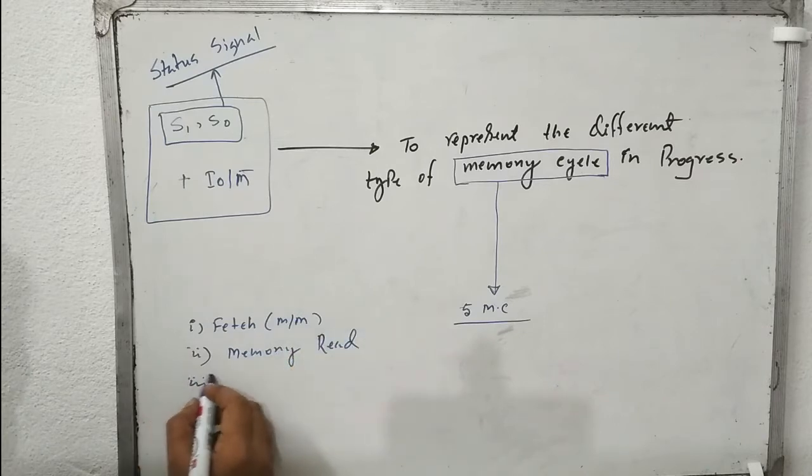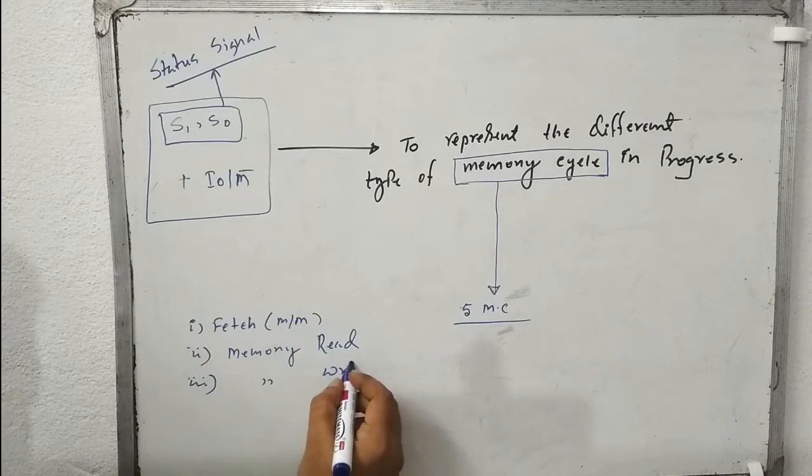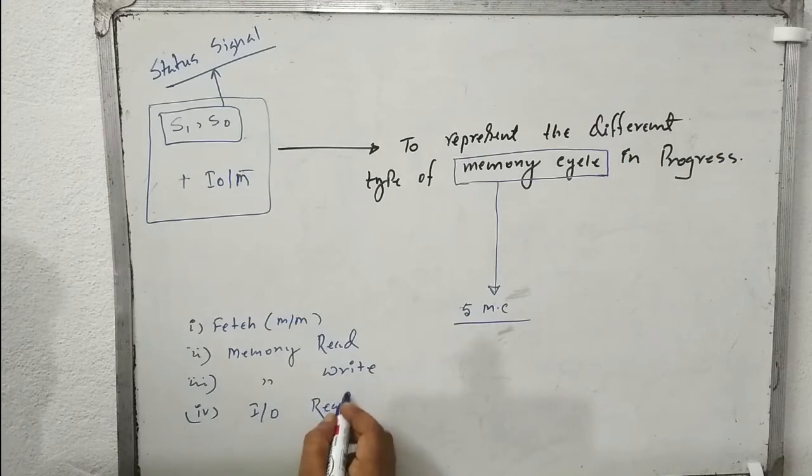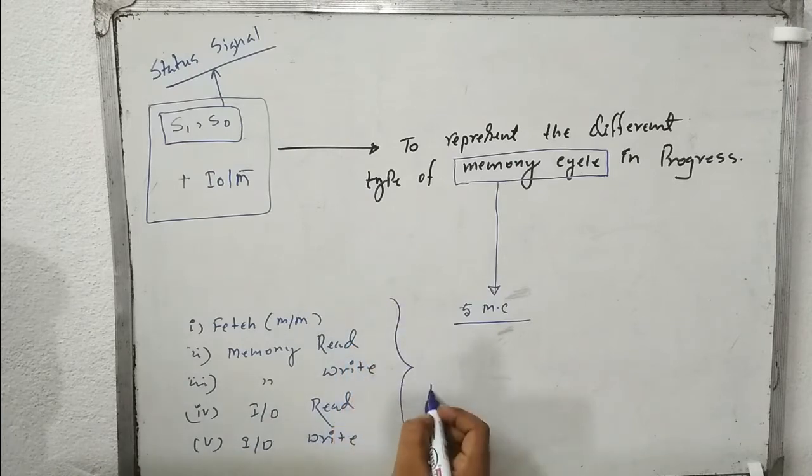Third is memory write. Fourth is input output read, and fifth is input output write. So these are the 5 machine cycles available in the 8085 microprocessor. We will see these 5 machine cycles when we draw the timing diagram for each and every instruction.